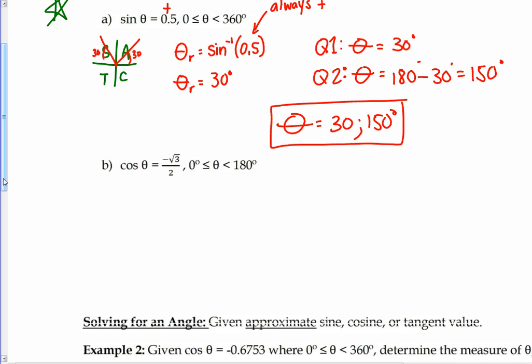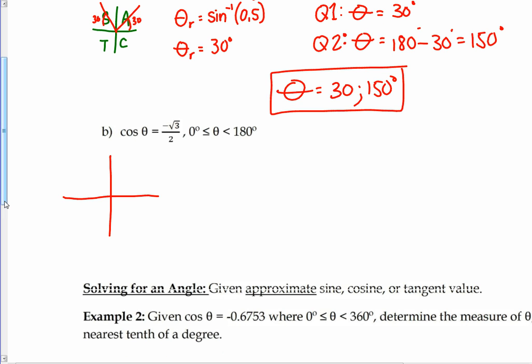Okay, next one. Interesting. What's different about this question? It's a fraction, yeah. What else? It's a negative, okay, so that tells me something. Normally if cos is negative, what quadrants would that be?